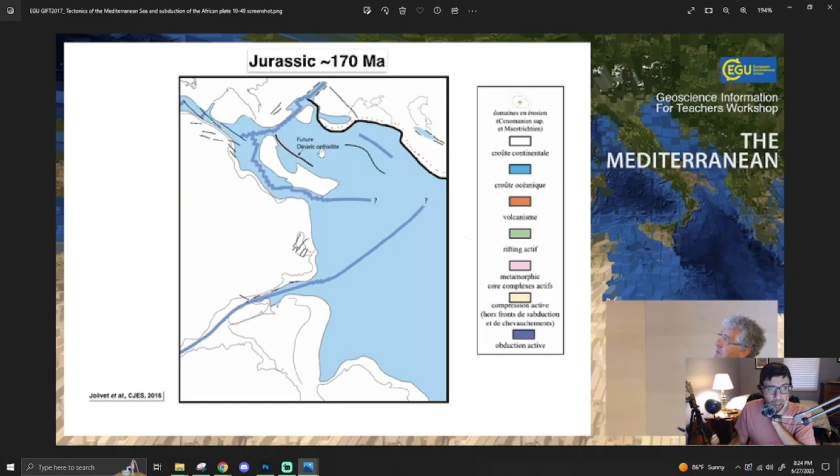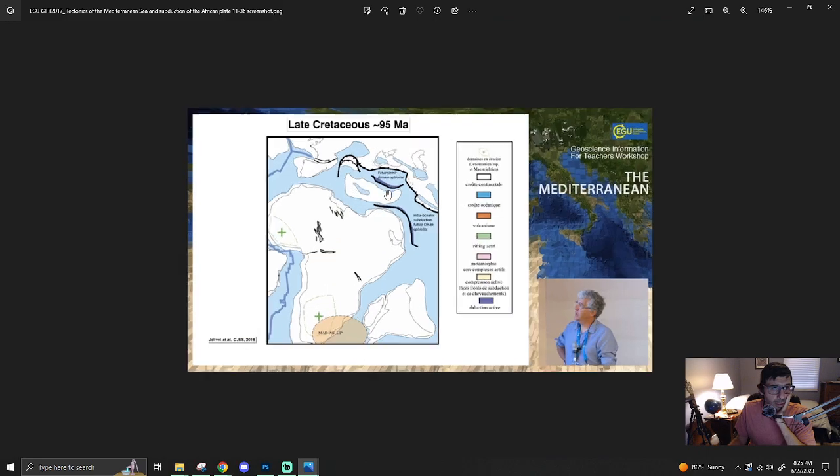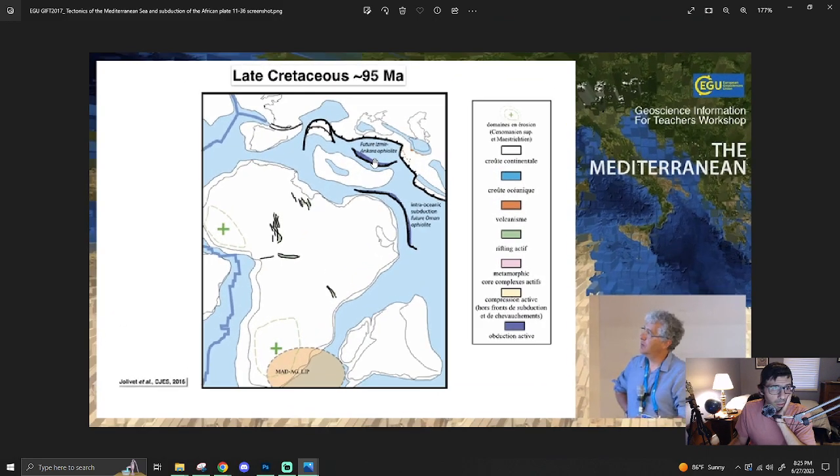Future dynamic ophiolites. So some ophiolite in Europe. Late Cretaceous even puts 95 million here. Actually, I thought it says 85. I guess some degrees of rifting.